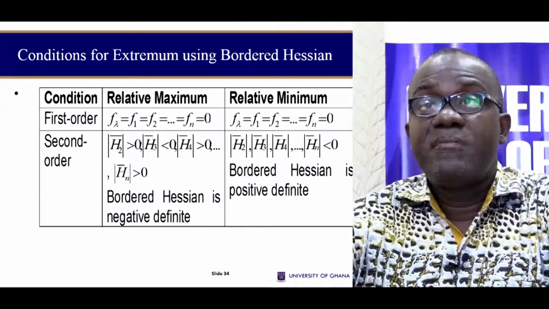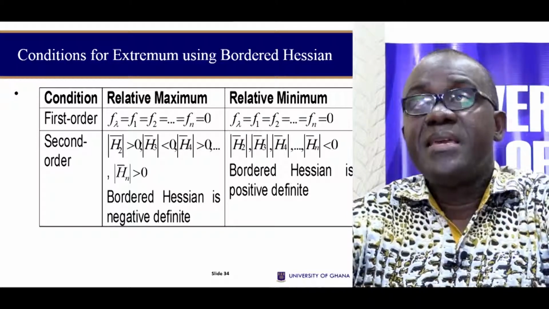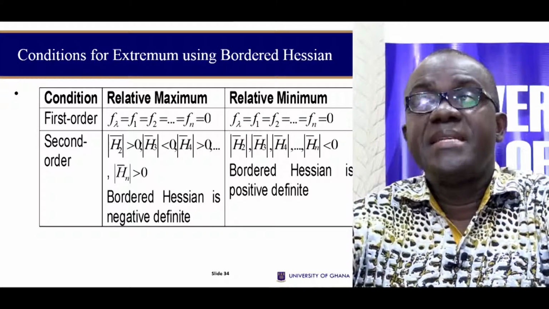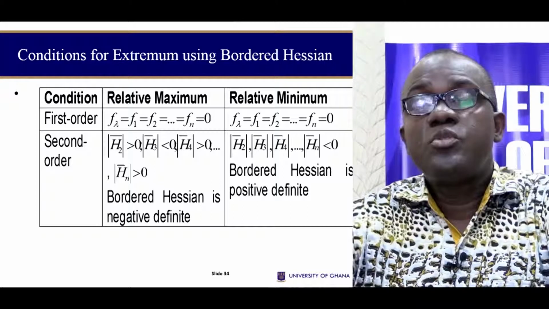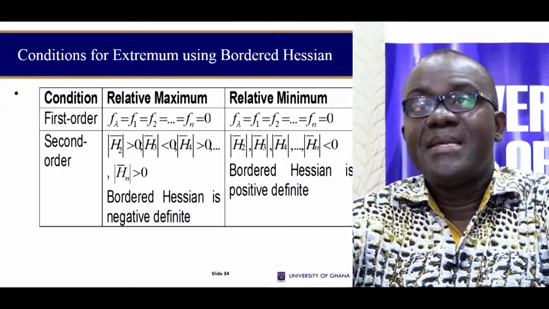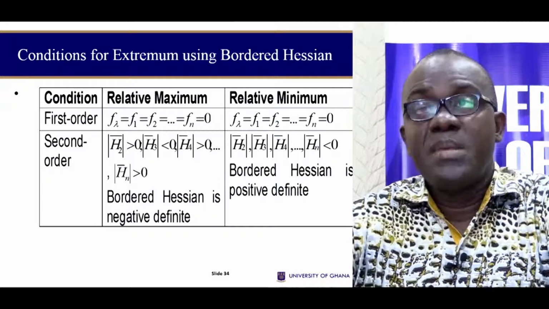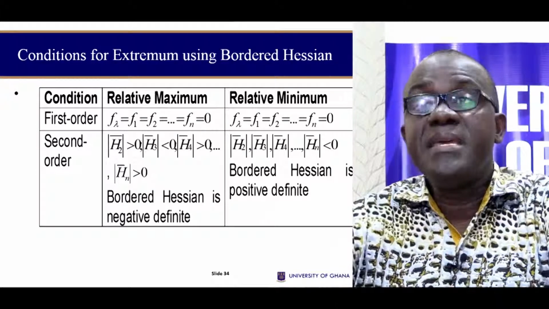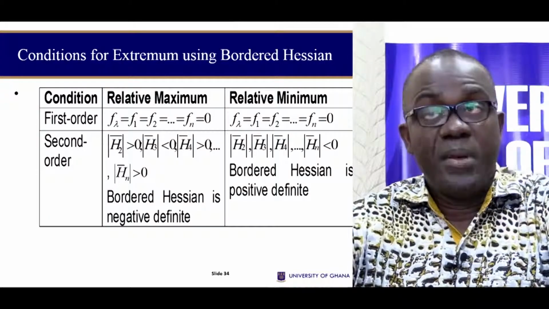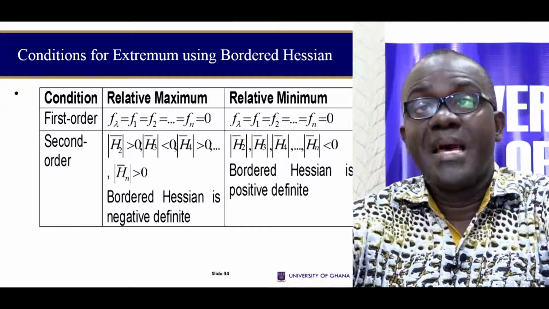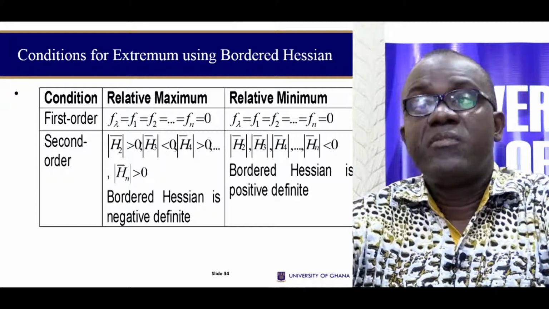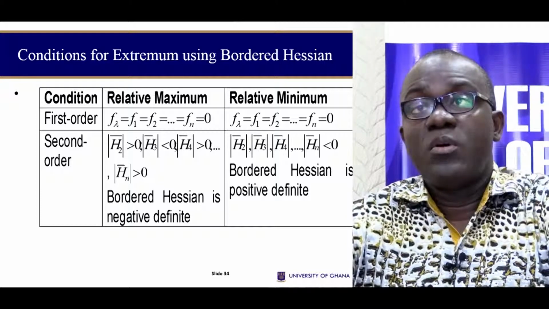So what is the value addition? The bordered Hessian determinant permits you to comfortably determine the maximum or the minimum of a function with any number of variables. A more convenient way of doing that. And these are the conditions for a maximum and the conditions for a minimum.